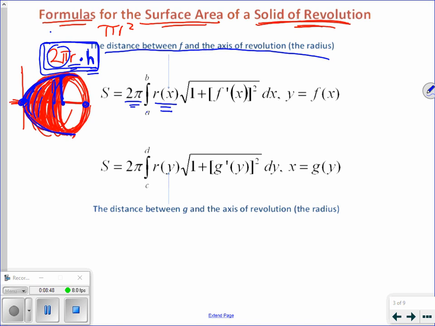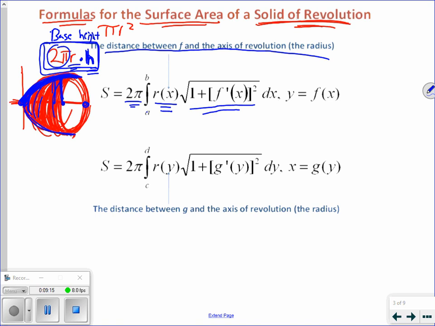And then the heights are just going to be our arc length, because think of this as a base times height scenario. So how do we figure out the heights here? That's just going to be my arc length. Ta-da, that's it. So the setup's super easy.